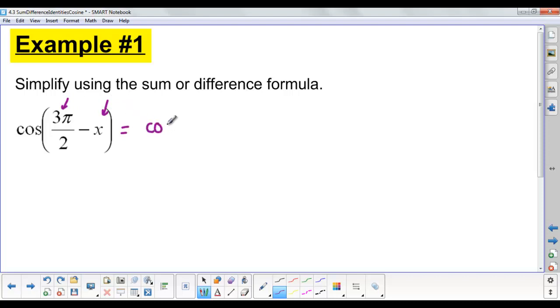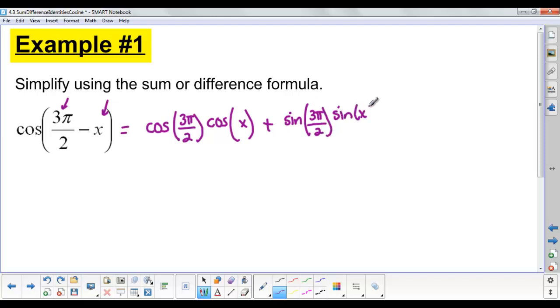The difference identity is cos of the first times cos of the second, and then the difference identity has a plus sign in between, then sine the first and sine the second. And then from this point we can simplify.